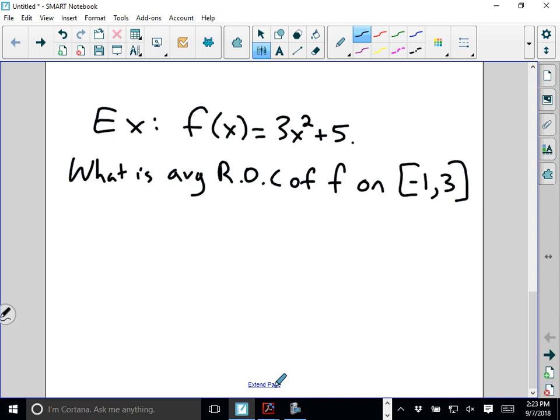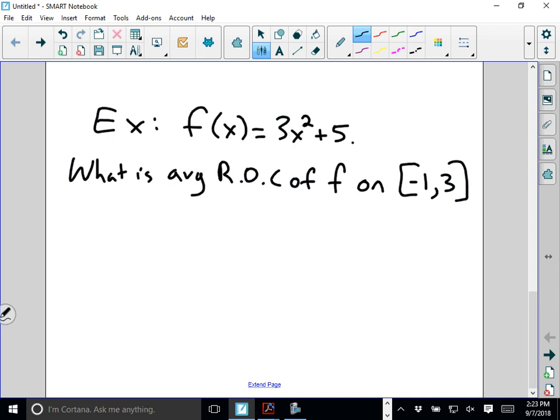Okay? So here's what we have. Our interval here is from -1 to 3. Our function f of x is 3x squared plus 5. So following our formula that we know from right above us, our -1 is representing a and 3 is representing b.